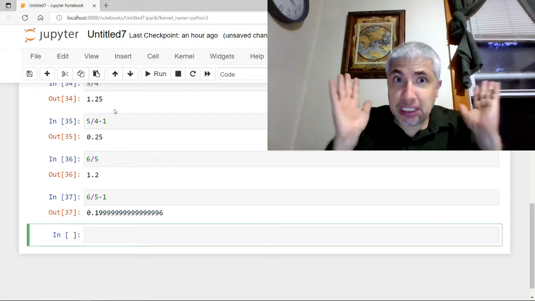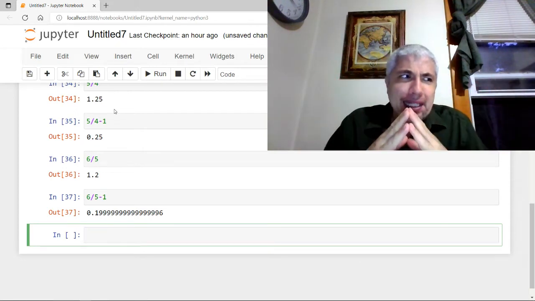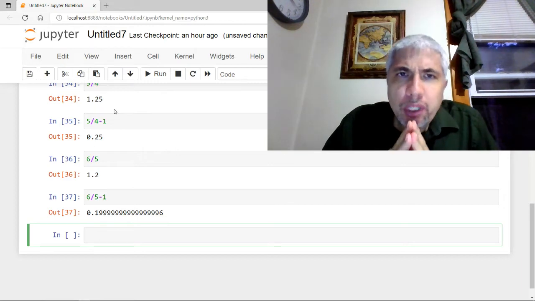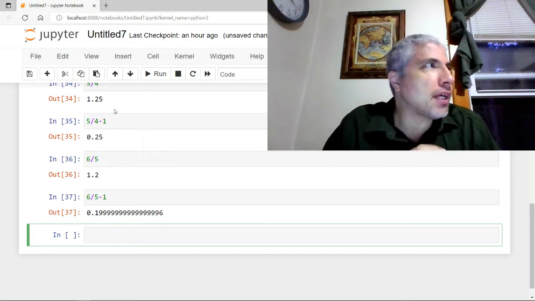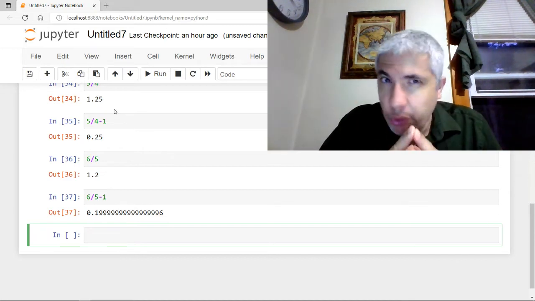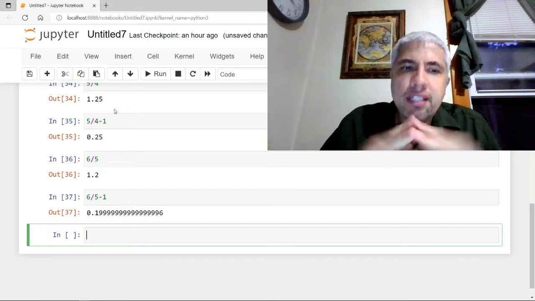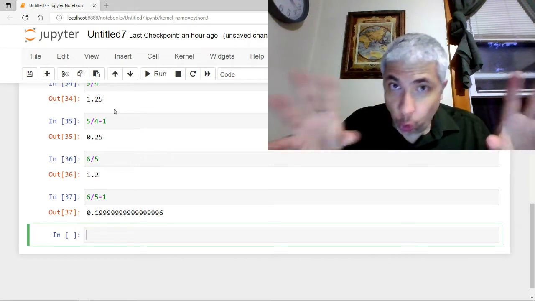And now suddenly I get maybe not what I would expect. So when we're dealing with these abstractions at this point in this class, which we're calling floating approximations, Python has a very special way of storing them.